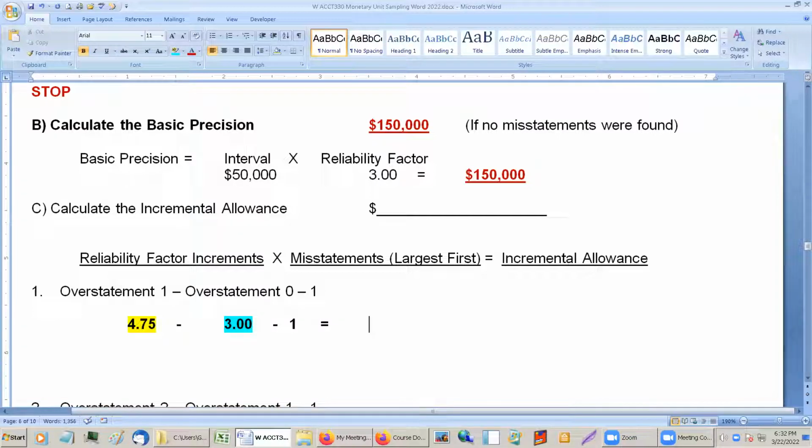So 475 minus 3 minus 1 is 0.75. And I'll show you what we do with this in a second. So that would be the first incremental. And again, I know this is confusing, but I'll show you what we do in a second.